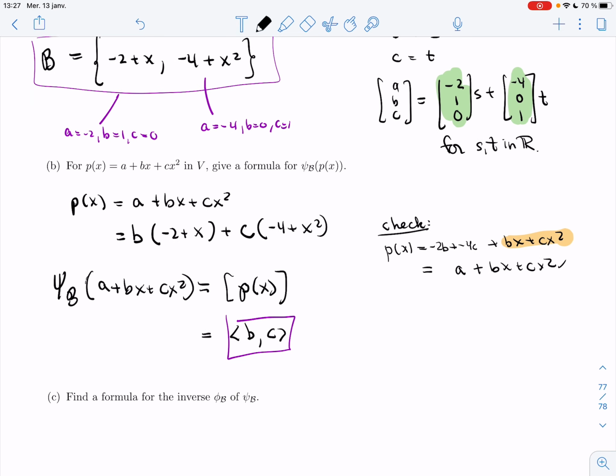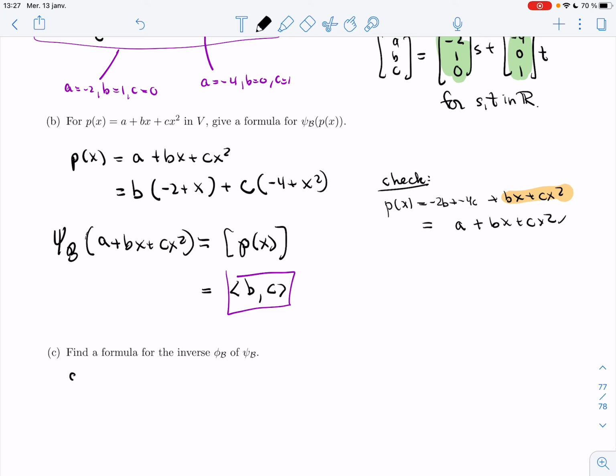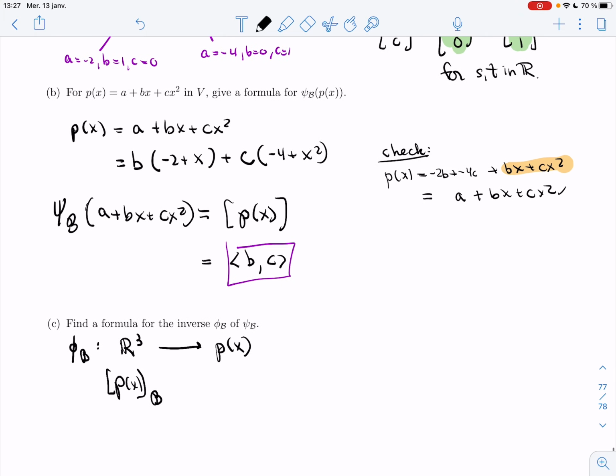So the inverse would have to start in R2 and land in the space of polynomials, it's V, not W, so it would have to send the coordinate vector to the polynomial.